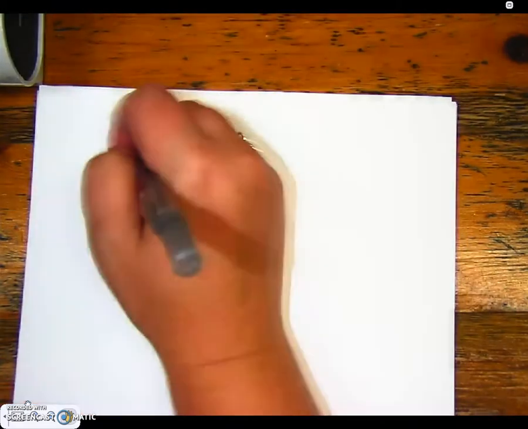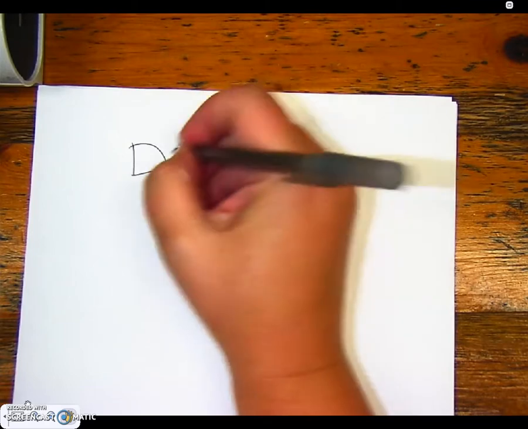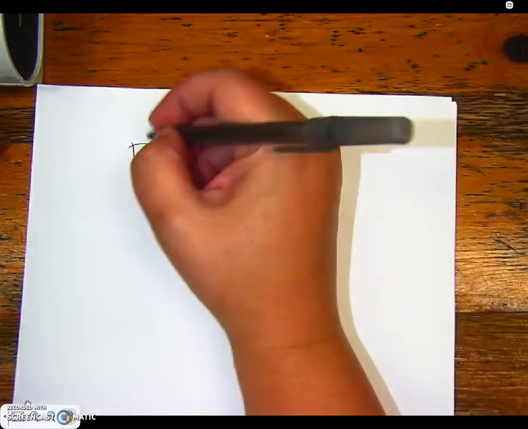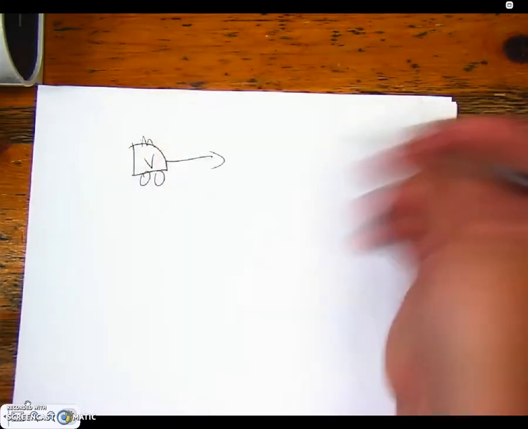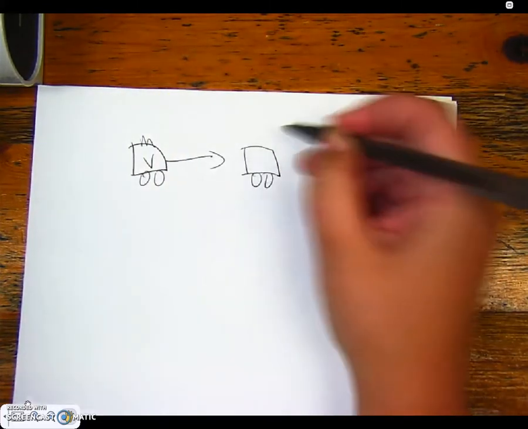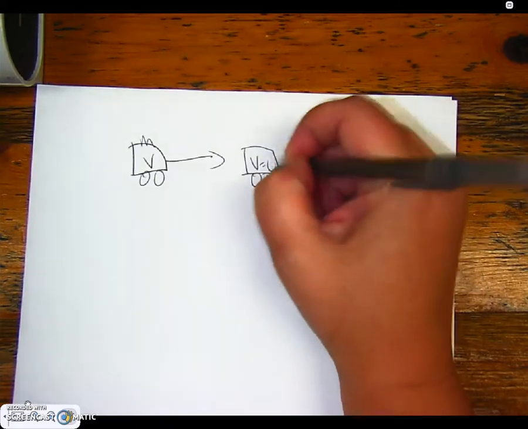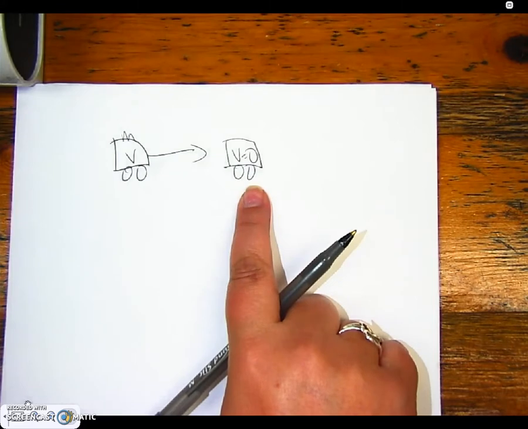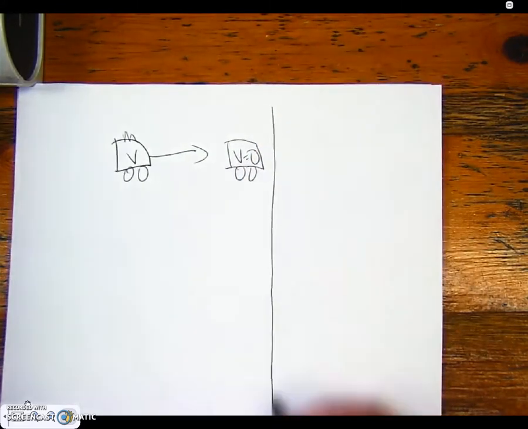So let's just do a few examples. Let's say you have one cart moving along with some velocity, and it has some mass, and it encounters another cart that has a velocity equal to 0. So it comes along, smashes into this thing, and they stick together.